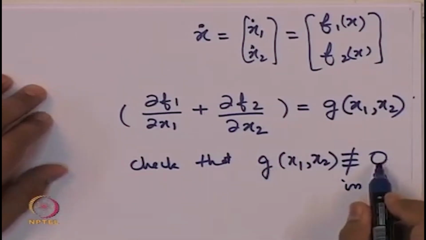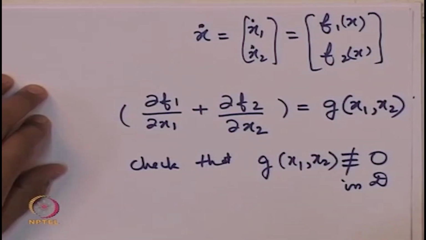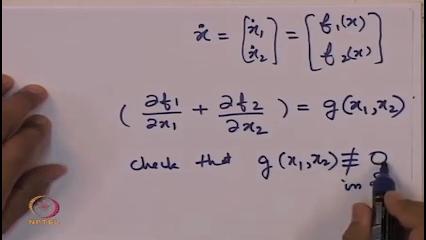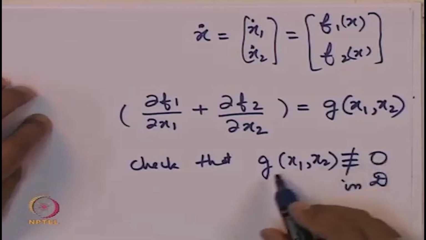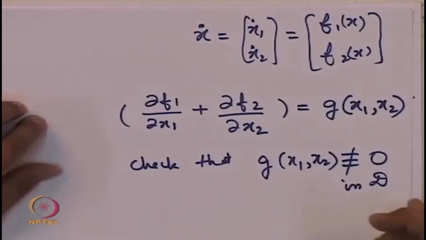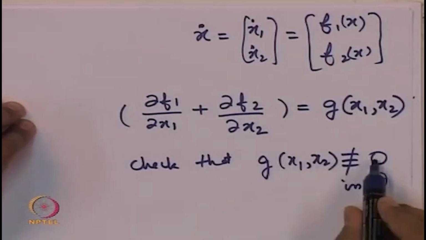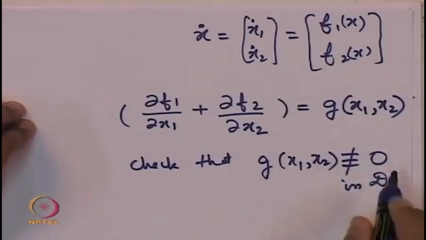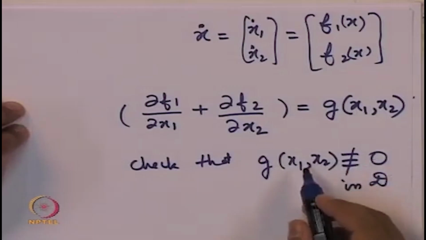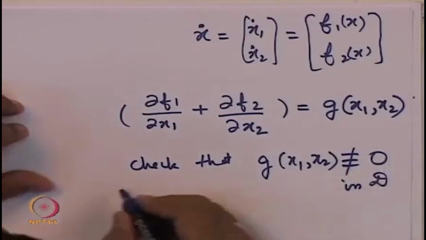In other words, there is at least one point x1, x2 where this is not equal to 0. It is allowed to be 0 at a few points, at several points. However, it should not be equal to 0 at all the points in D. That is the statement that this is not identically 0.